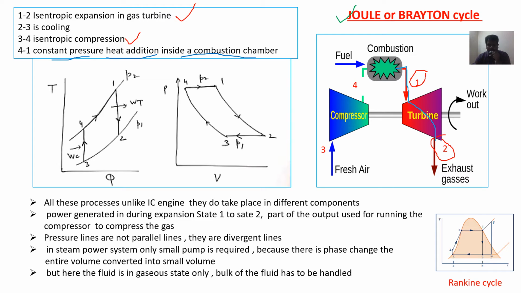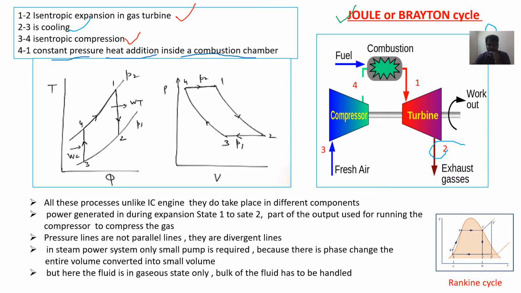Once these high energy gases hit the turbine blades, the turbine will rotate and it will generate power. After expanding through the turbine, exhaust gases get cooled. Again it will be sent to the compressor. So process 2 to 3 is the cooling process.